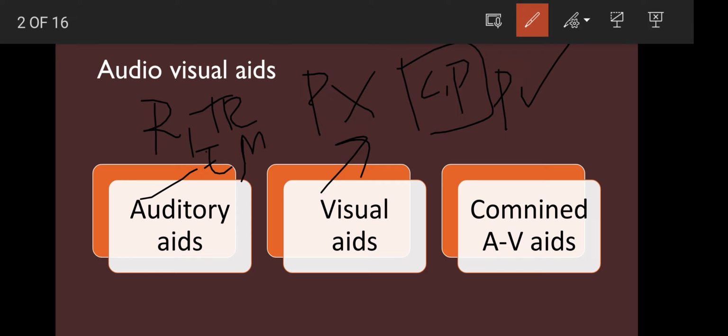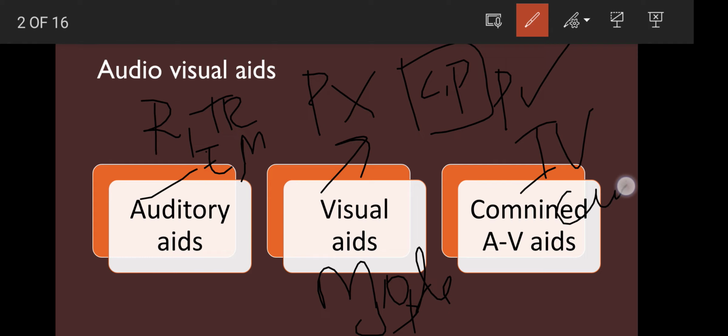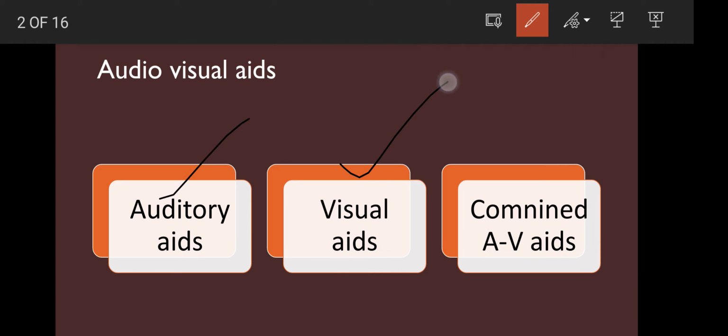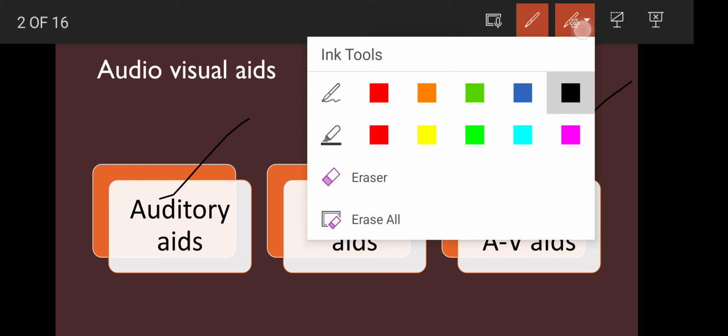The model specimens also are visual aids. The models, the specimens, all of these are visual aids. And the combined audio visual aids, we had television, cinema, and the last one was the slide tape combination, right? So we had slide and tape combination. So this was all about the audio visual and combined audio visual aids.